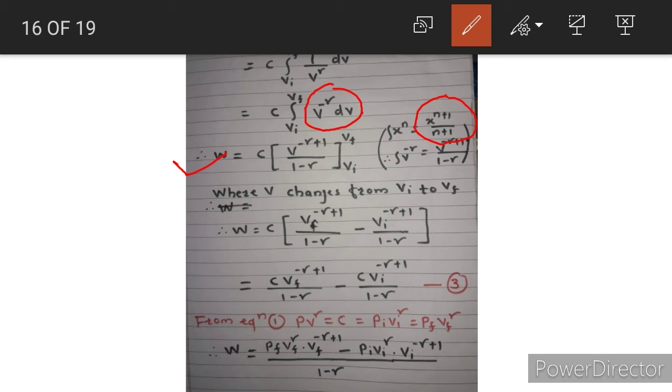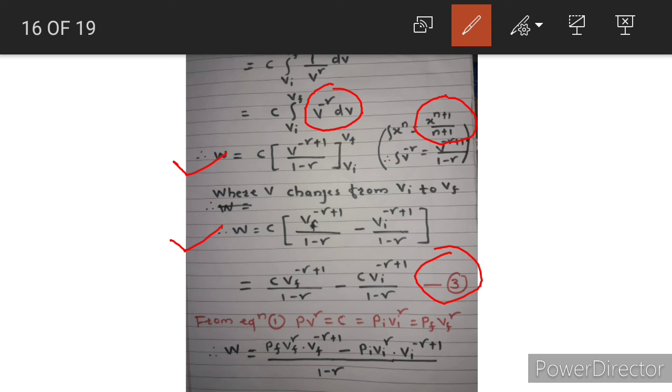Now substitute Vi and Vf in this equation. Therefore W is equal to C into the bracket Vf raised to minus gamma plus 1 divided by 1 minus gamma, minus Vi raised to minus gamma plus 1 divided by 1 minus gamma. Say this is equation number 3.